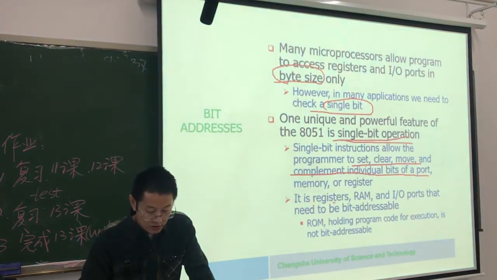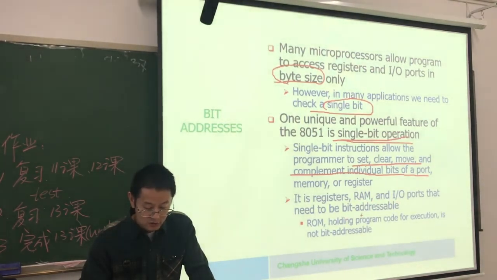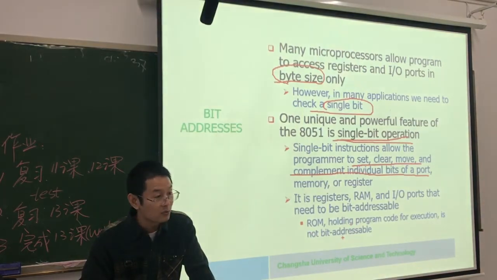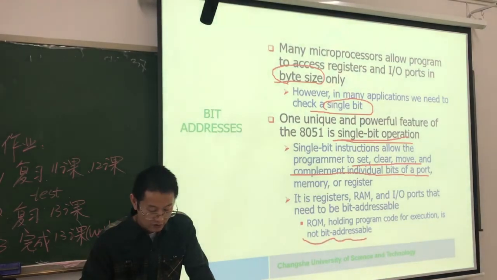It is registers, RAM, and I/O ports that need to be bit addressable. ROM holds program code for execution. It is not bit addressable. Let's be careful, ROM is not bit addressable. Normally we use RAM as bit addressable.